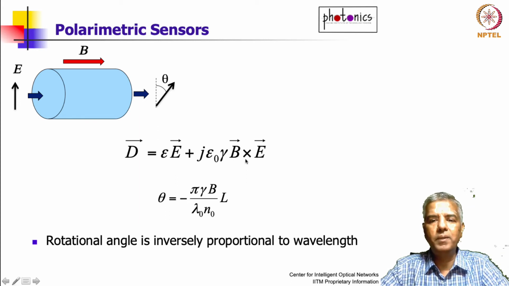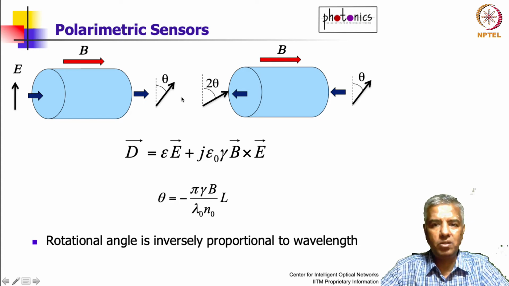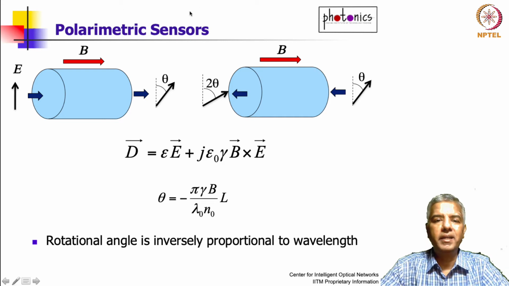The sign of B changes, and correspondingly the sign of theta also changes. So instead of going back to the original polarization, you will end up getting 2 times the rotation that you have over here. This is what is called the Faraday effect.